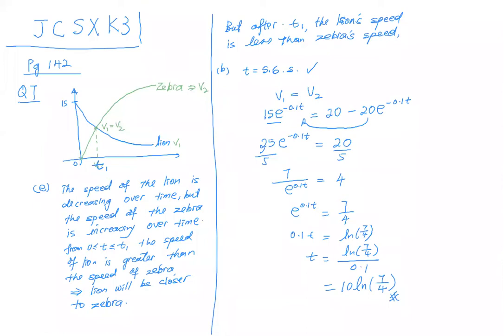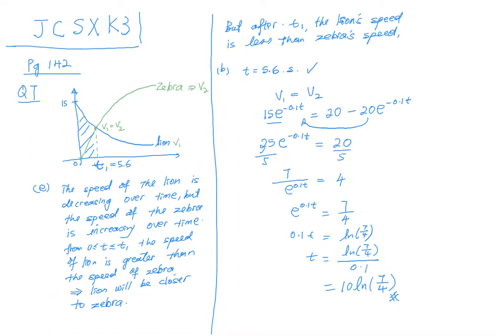So let's come back to here. When it's T1, correct, that is 5.6 seconds. So you have to find the total distance traveled by the lion. Then you find the total distance traveled by the zebra from 0 to 5.6 seconds. Okay. Hello? You get me?